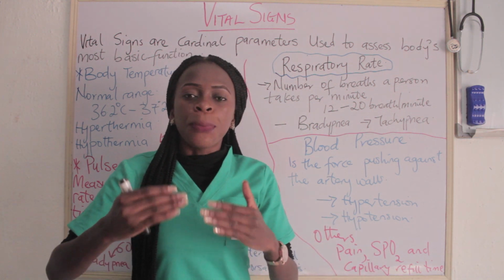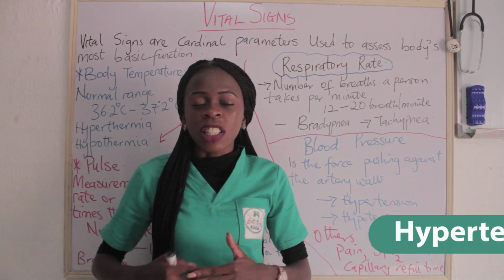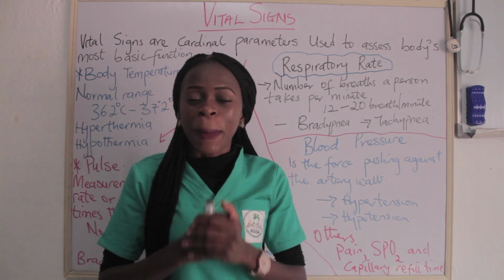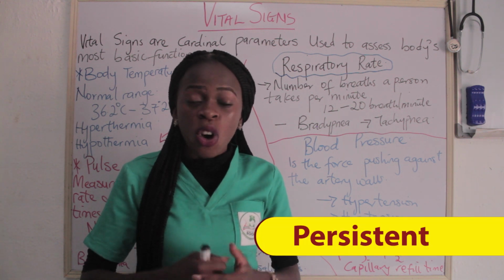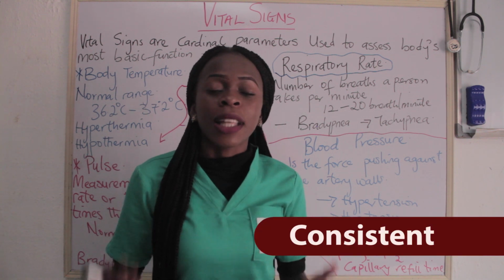But when it is above 140, we say it's hypertension. But when it is below the normal range, it is what? Hypotension. But one thing you should know in the definition of hypertension is that hypertension has to be consistent and persistent over a period of time before you say a patient is hypertensive.